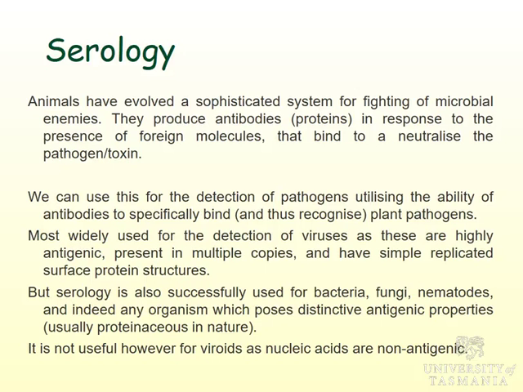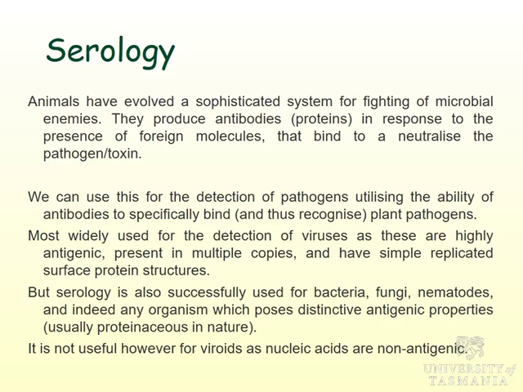So antibodies are a very important part of our and other animal defences. They're not in plants, of course. But we can use them because they specifically recognise and bind to, like a bacterial pathogen in our system. We can use that capacity for its specific binding to actually identify the pathogens of interest in plants.